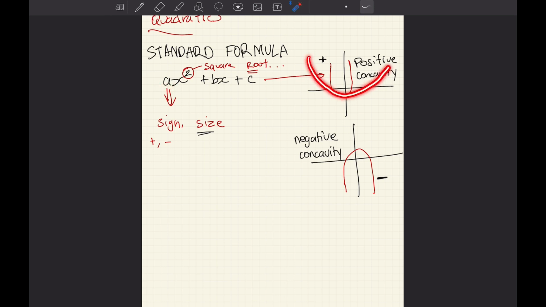If it was smaller, it would look wider like this. But regardless of the size of a, the sign will determine whether it's up or down.